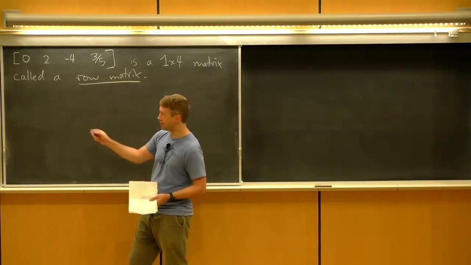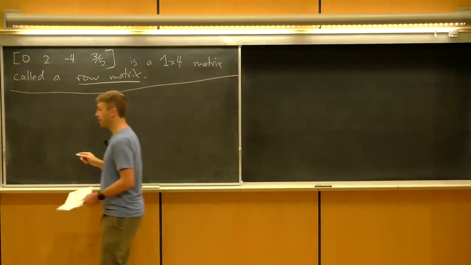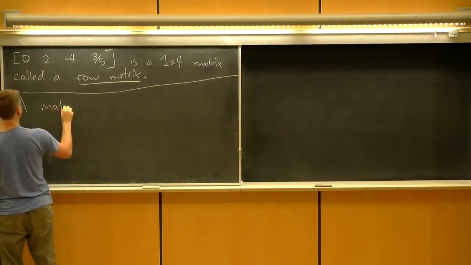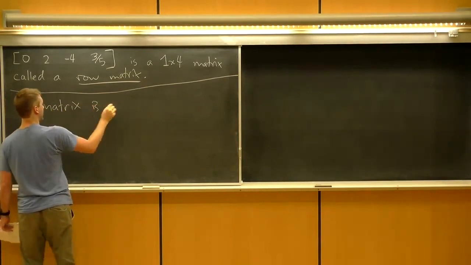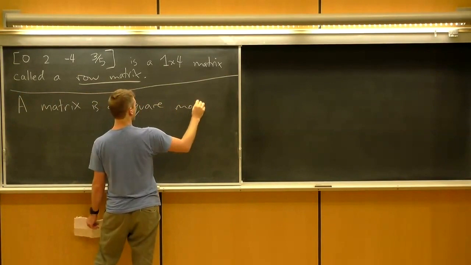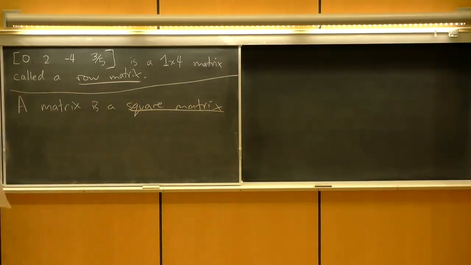Another type of special matrix is a square matrix. A matrix is square if it doesn't look like a rectangle.